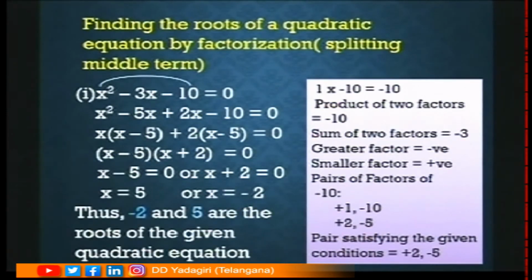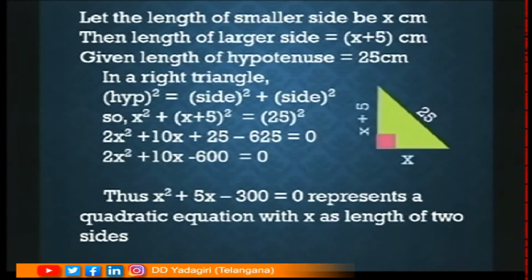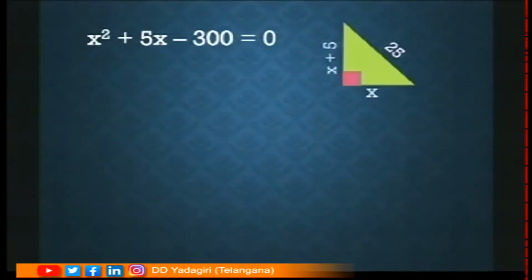Thus, we can say that minus 2 and 5 are the roots of the given equation. Now, let's come back to our triangle problem, where we have represented the situation with an equation. Let's try to solve the equation x square plus 5x minus 300 is equal to 0.